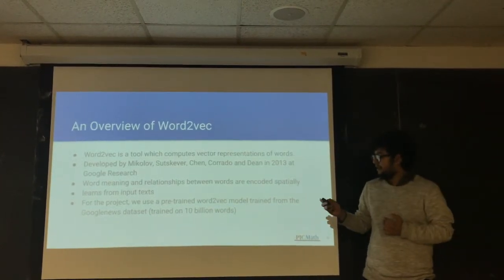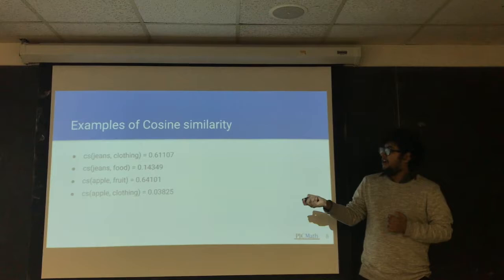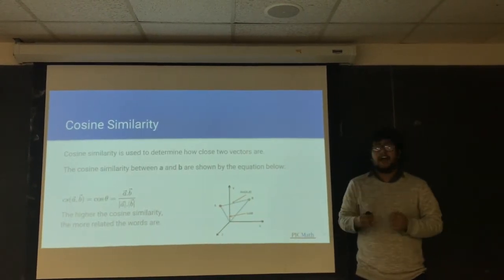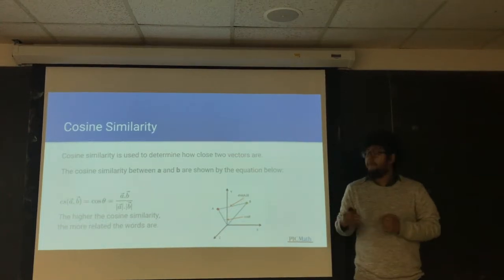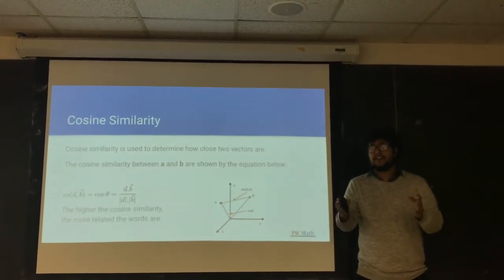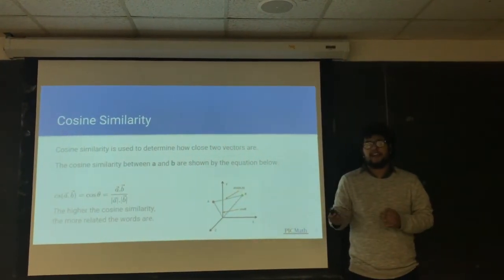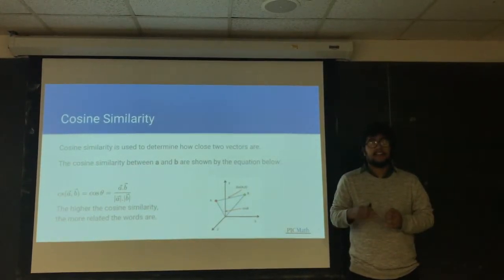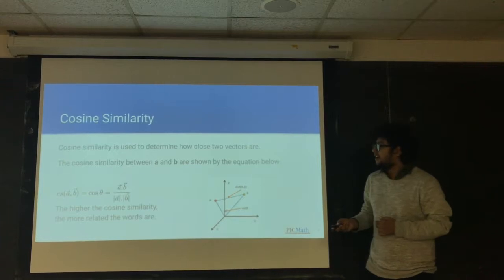For example, in the next slide you'll see there's something called cosine similarity, which will help you measure how close two words are, and if the vectors are closer together, you can predict that they must be related to each other way more than they would be if they were far apart.